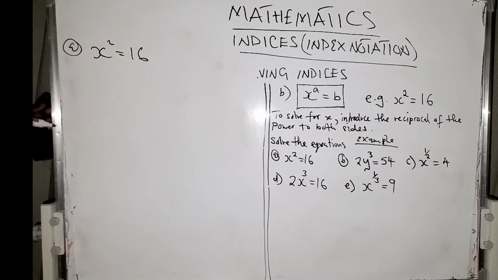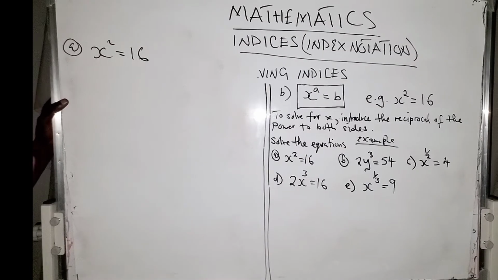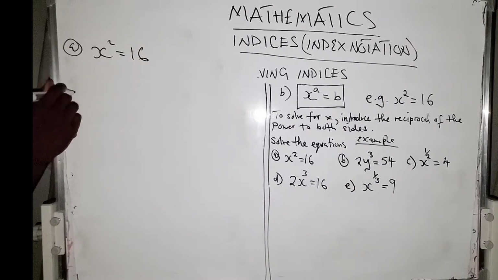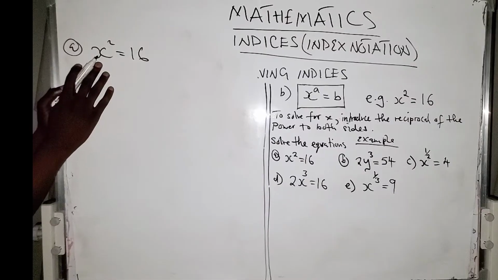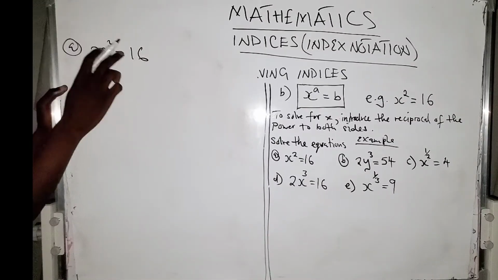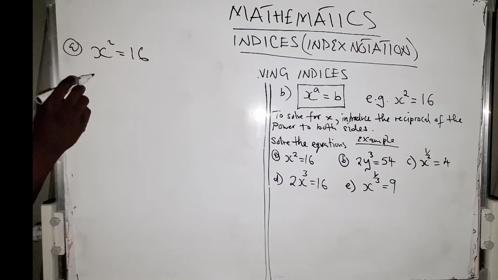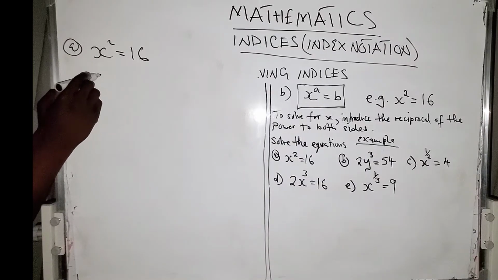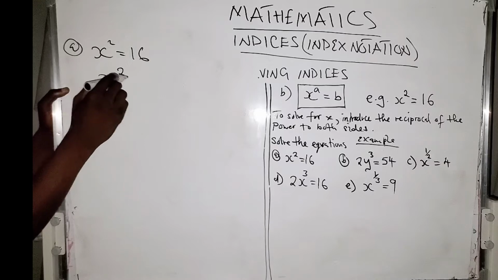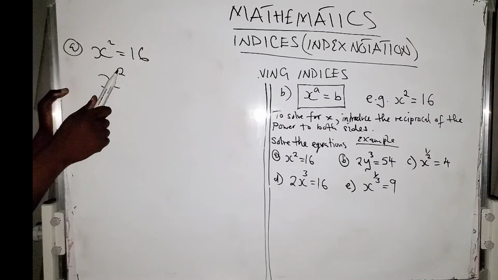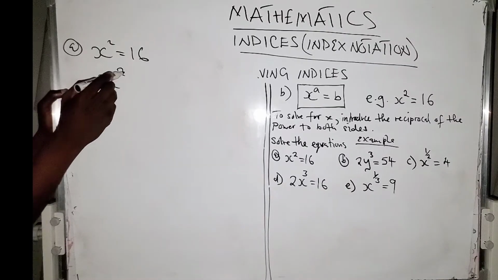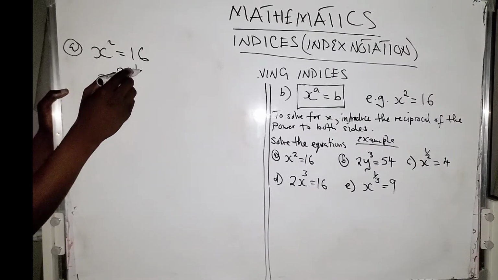Now, this is what it means when they say the reciprocal. They're saying, what base raised to the power 2 is 16? We know it's 4. So what you do is, the number that when you multiply by 2 should give us 1 is 1 over 2 itself.